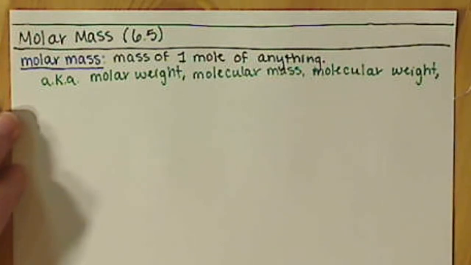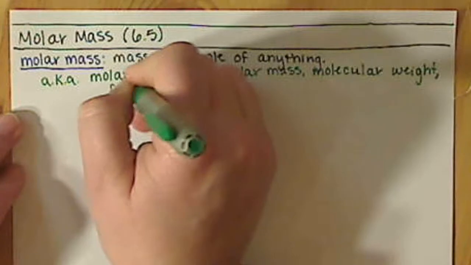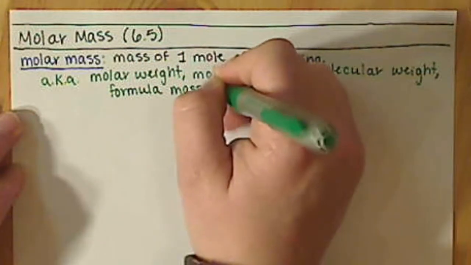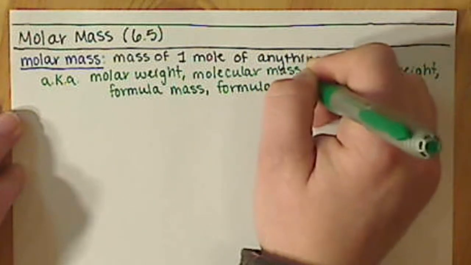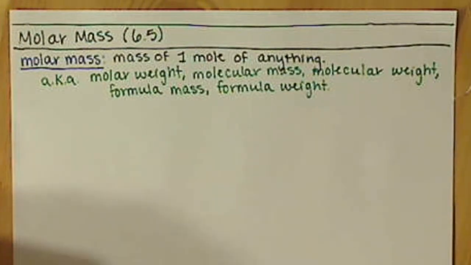Or when it comes to ionic compounds, it's usually called formula mass or formula weight. Basically, all of these terms are the same. We can treat them as if there's no difference between that language.